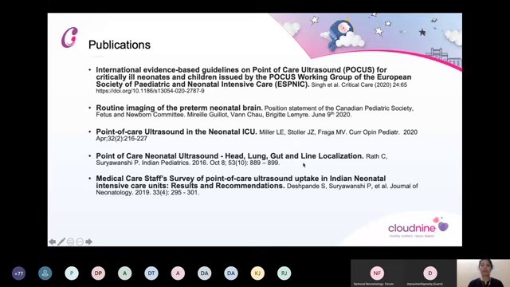And we have some Indian publications by the Pune group about point of care ultrasound, which looked at cranial ultrasound, lung and gut ultrasound, and line localization. There is also a survey of point of care ultrasound uptake in Indian NICUs. I'll talk about that after the next couple of slides.